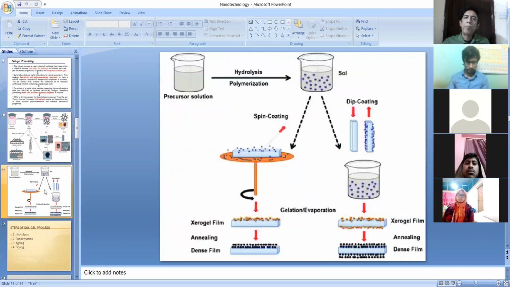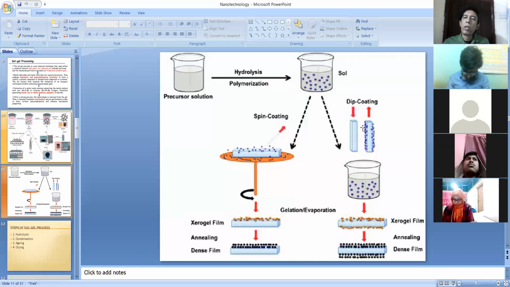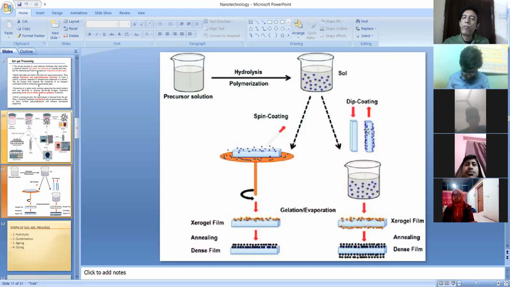Now, after hydrolysis and polymerization in the sol substance, you can coat a film. You can coat a film at one end by spin coating, or you can coat film on both ends. If you dip this substrate into the sol solution, then you will find coating on both ends.